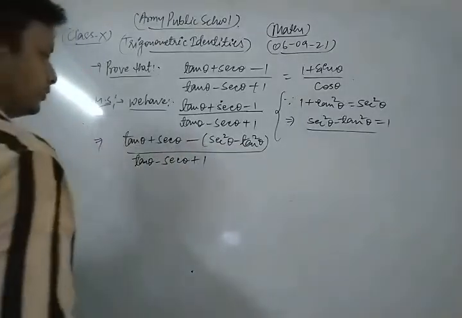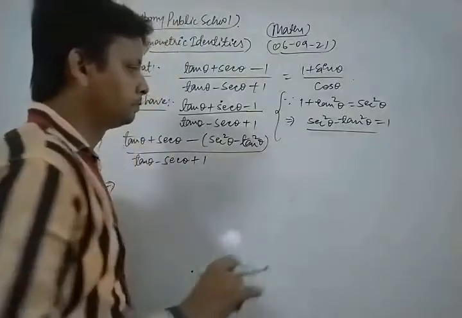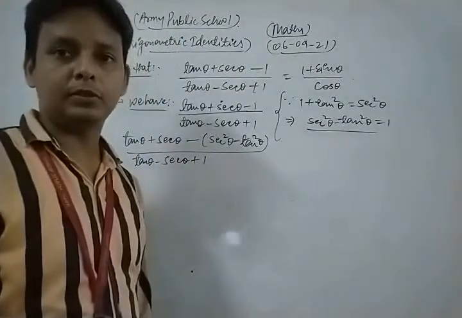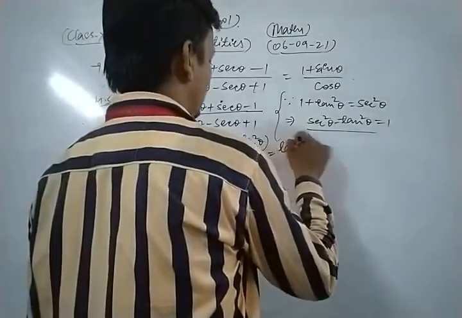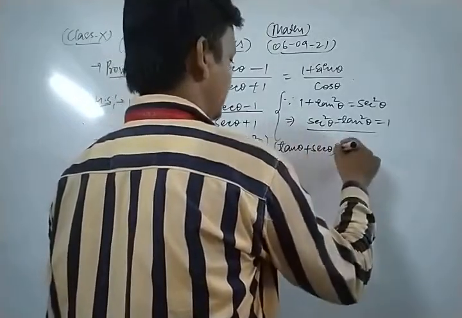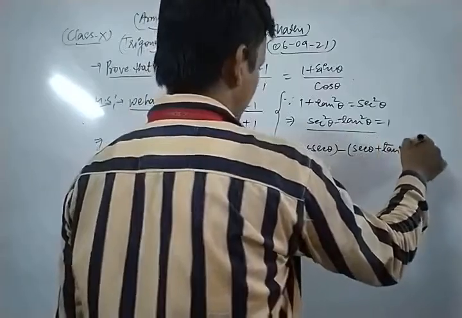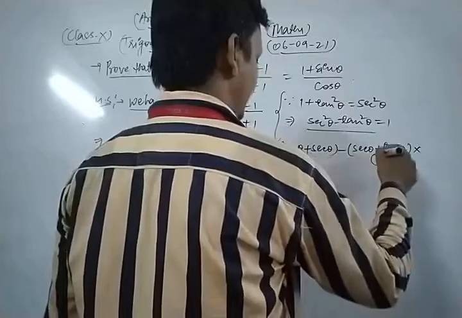Now, dear friends, this is the form of a square minus b square, and a square minus b square we can write as a plus b into a minus b. So here we can write tan theta plus sec theta as it is, and here minus, this we can write a plus b into a minus b.